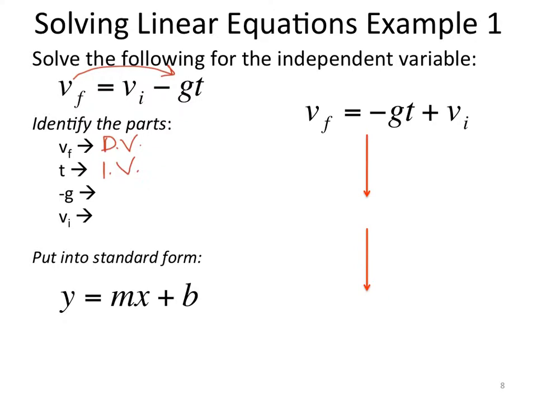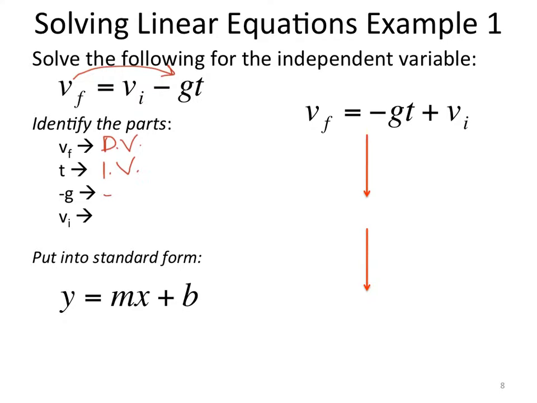So t is going to be our independent variable. Since we've got this multiplier out in front of the t, that's going to take the place of the m, or the slope. So that g right there is going to be the slope. Come on now, I'm trying to write next to g. It's not working, is it? Slope.